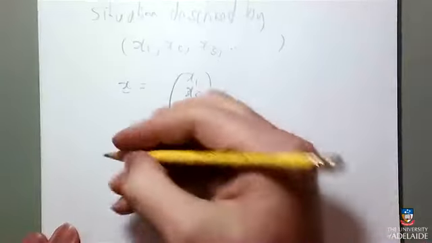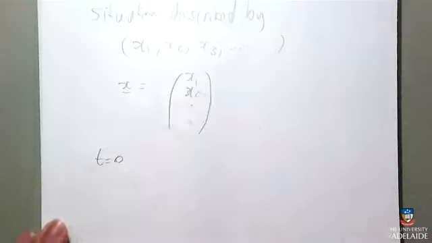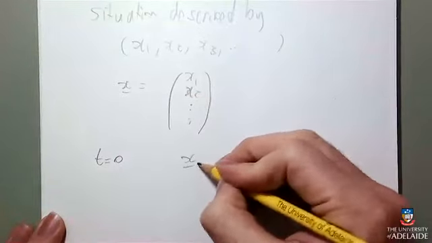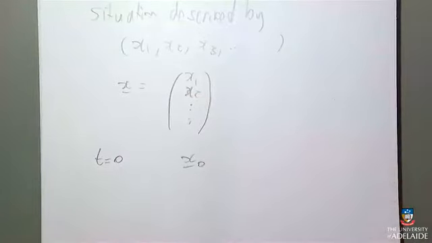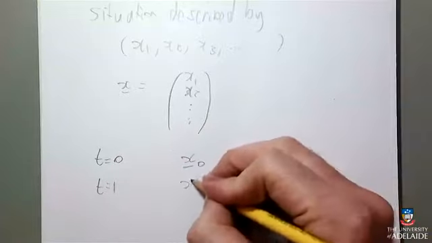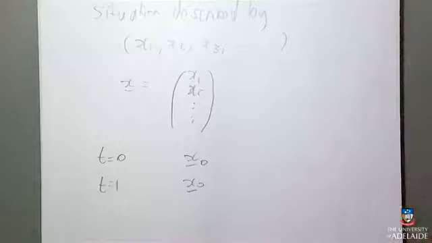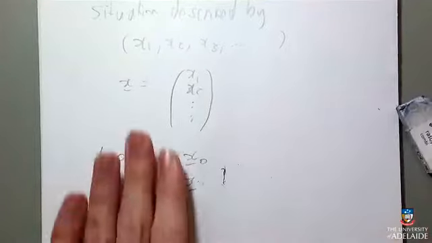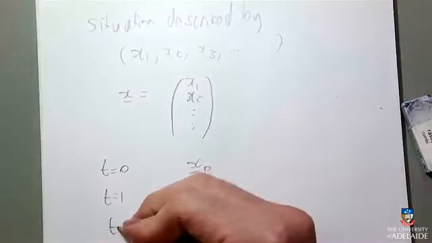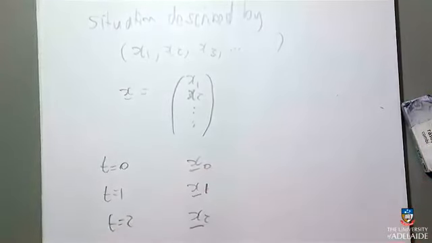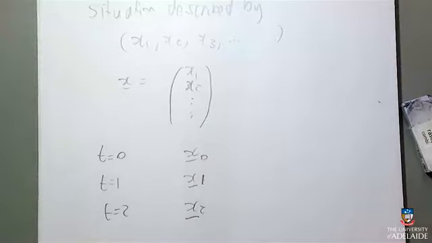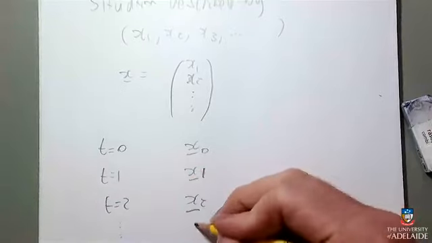And so you'll go here at time t, usually time t equals 0, you're going to have a vector describing all the numbers I'm interested in at time 0. I don't know what it's going to be, who knows. And here at time 1, we're going to have a vector which describes all the information at time number 1. And here at time 2, we're going to have a vector that describes all the information at time 2, and so on. Okay, there'll just be this big list of times and the matching vectors.